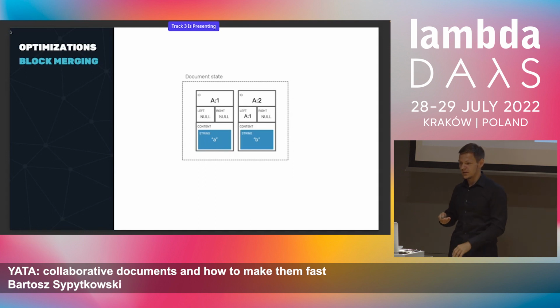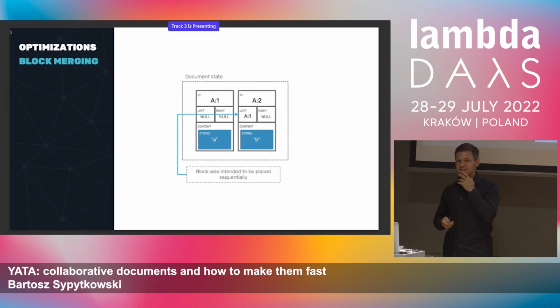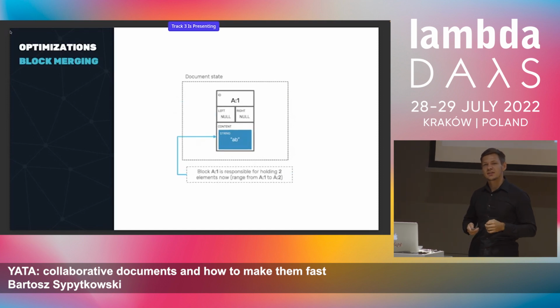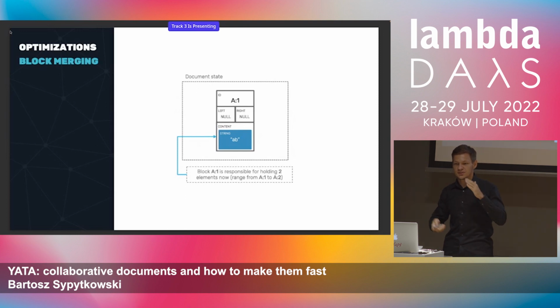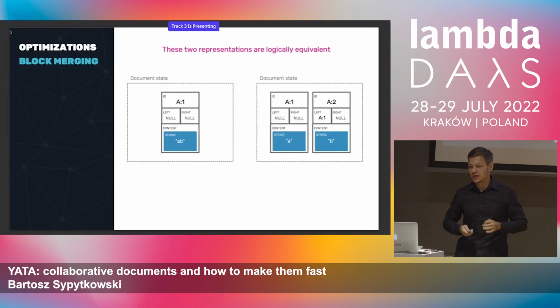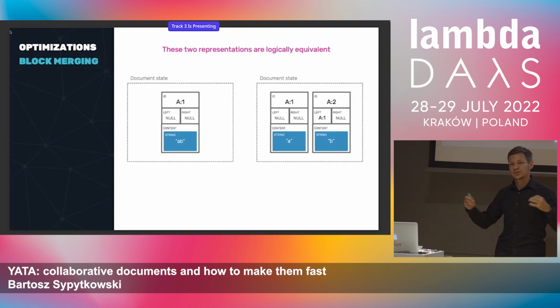So we could represent those two blocks as this single block, which has an identifier of A1. It stores two characters instead of one. And now this block is responsible not for one update, but for two updates, A1 and A2. We can infer that from the length of the elements stored inside this block. Now, those two blocks have different in-memory representations, but the logical representation is exactly the same.